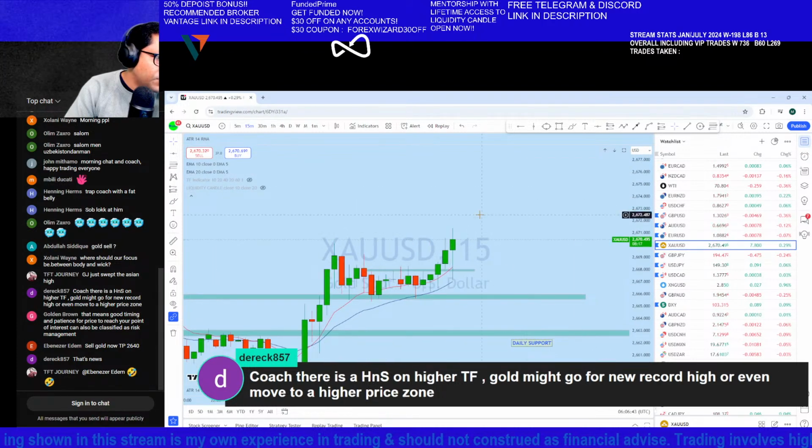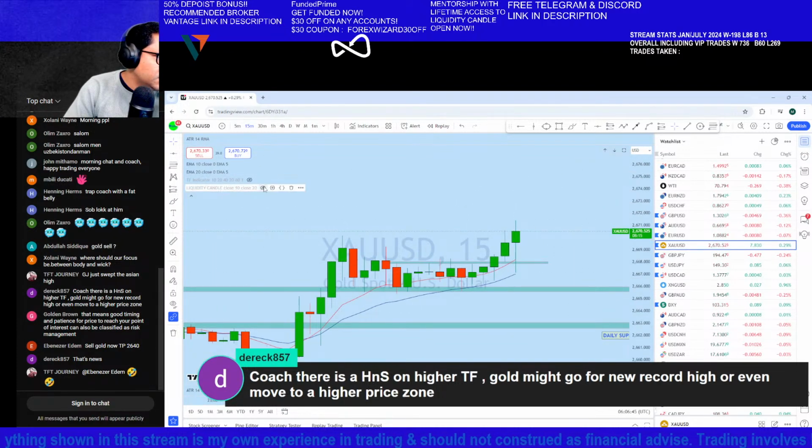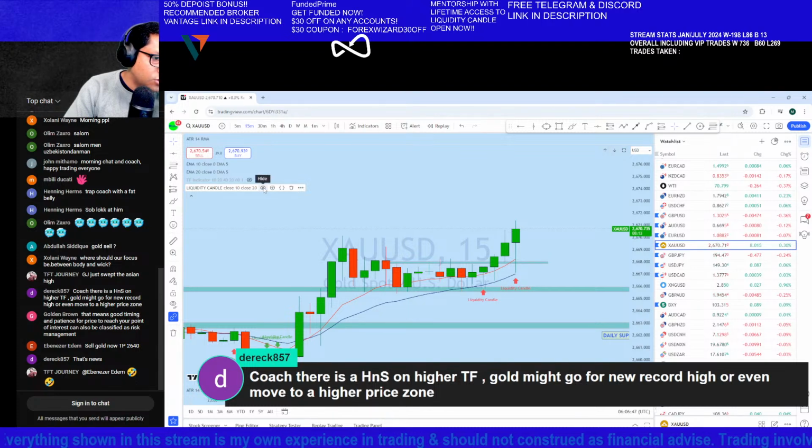If we look at the 15 minutes, we can see there is a potential liquidity candle, back to back, two of them.